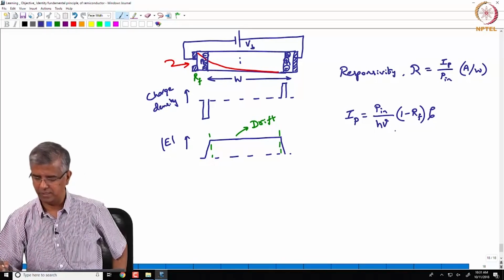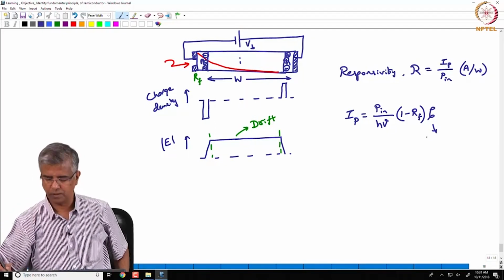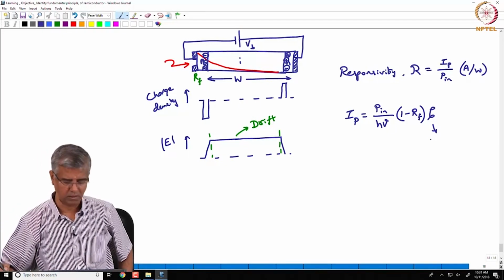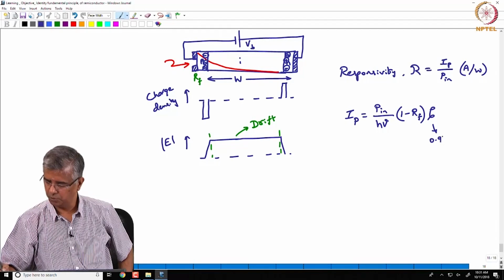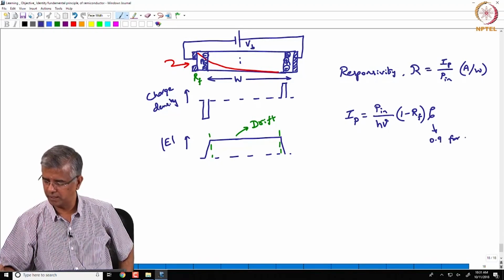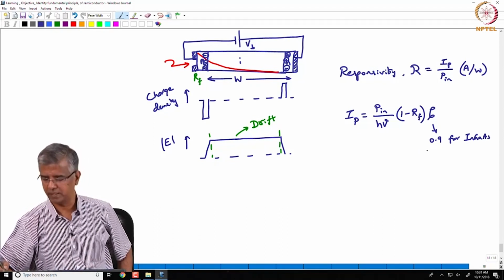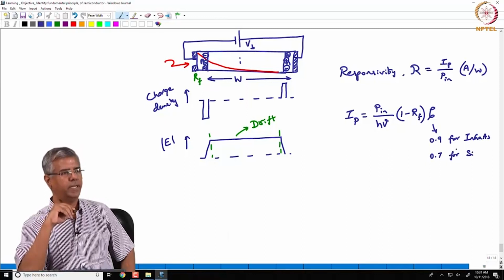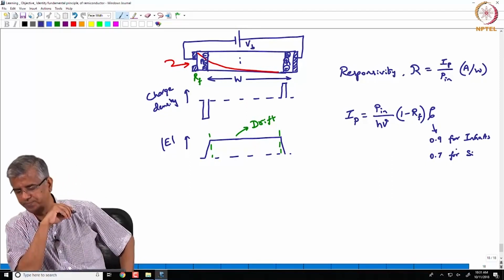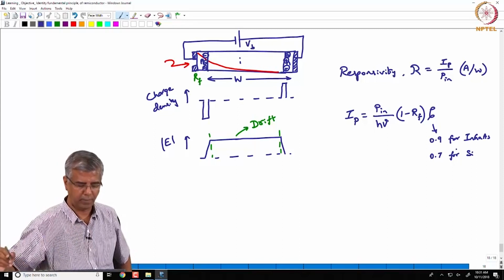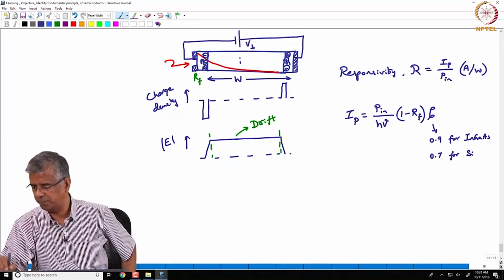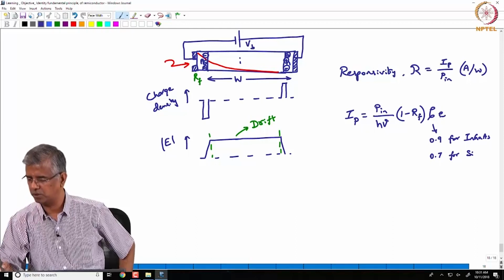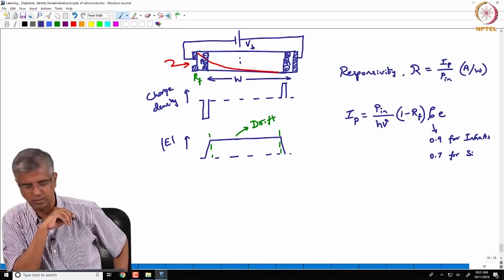To give you an idea, zeta will be fairly high, in the order of 0.9 for InGaAs, which is a direct band gap semiconductor, whereas it's around 0.7 for silicon, which is an indirect band gap semiconductor, right.